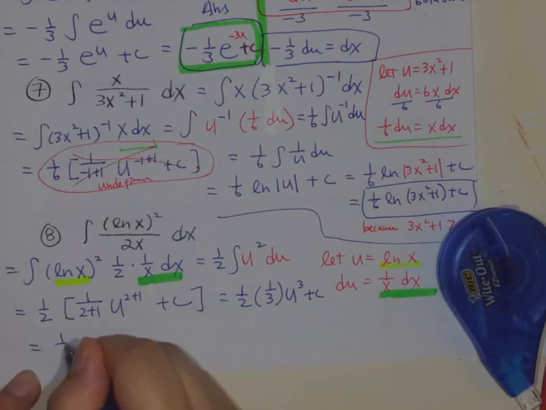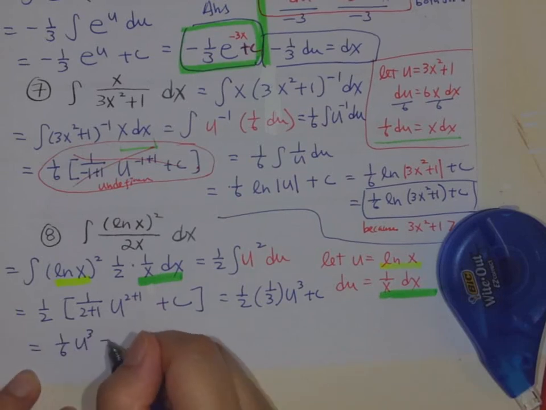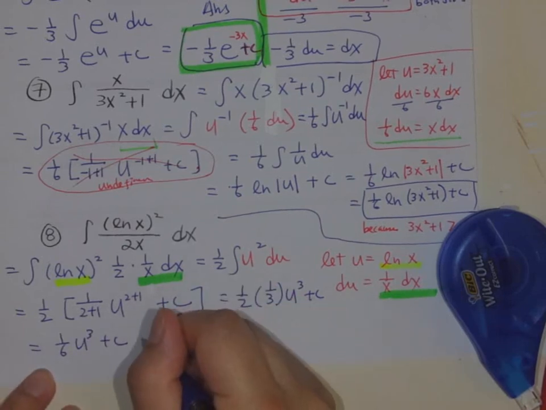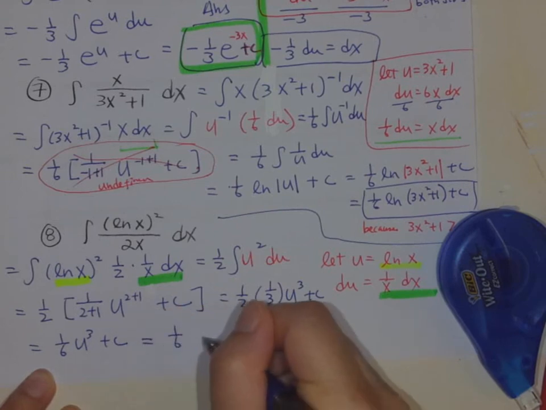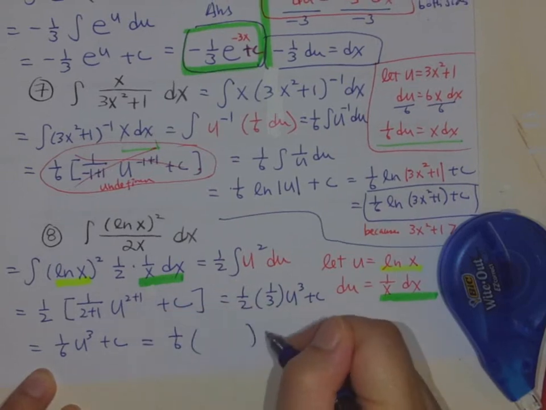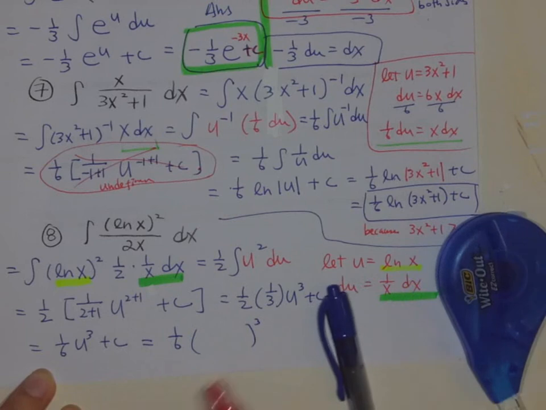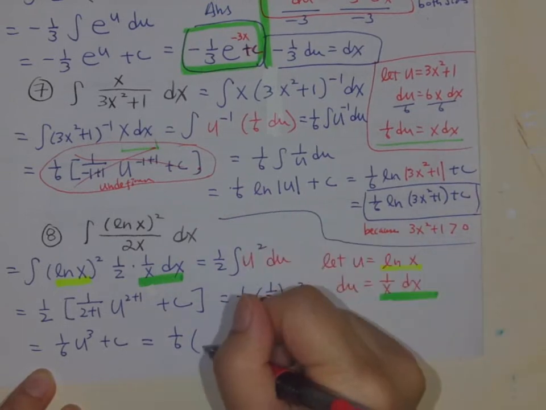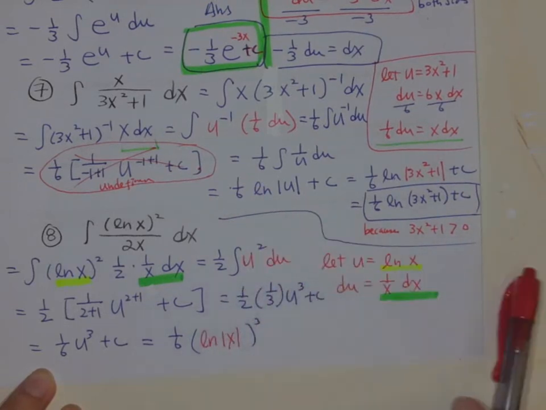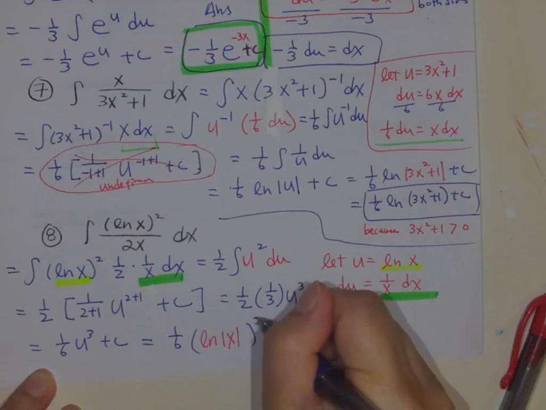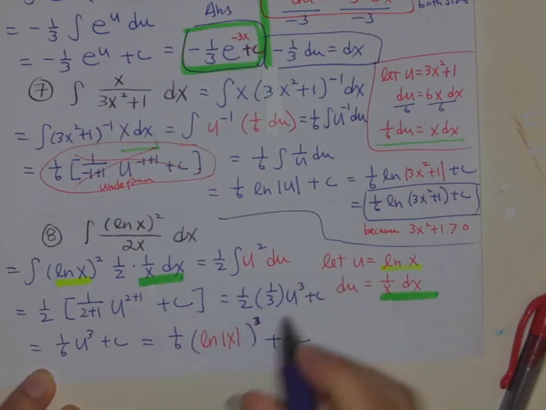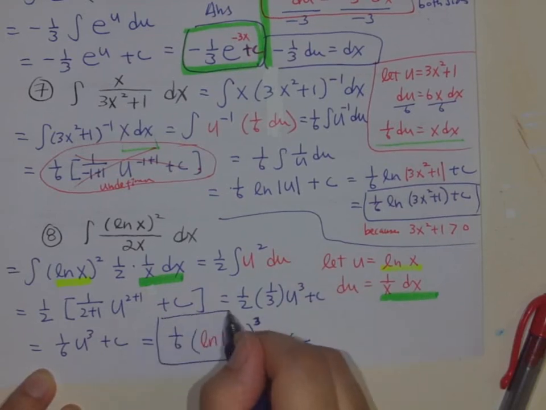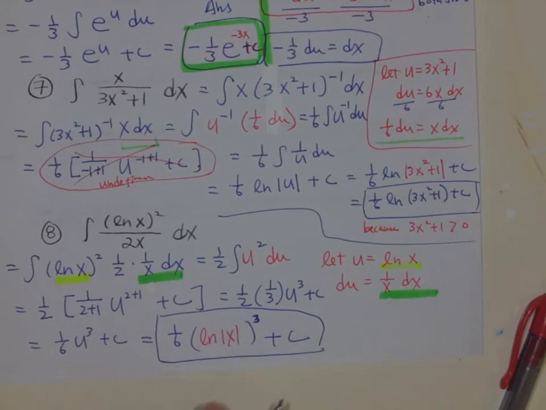So eventually this will be 1/6 u cubed plus c. I can just plug it back in for my u. So u is ln of x. This is to the 3rd power plus the c. So this one I don't know if it will turn positive or negative, so I leave the absolute value there. Alright, so that's the first video for taking integral by substitution.